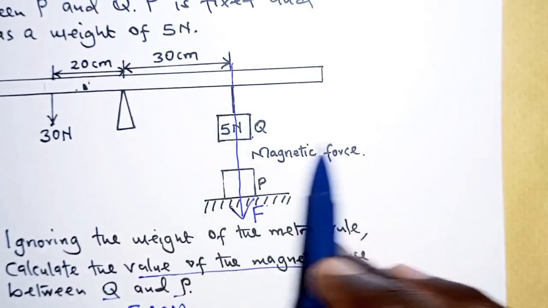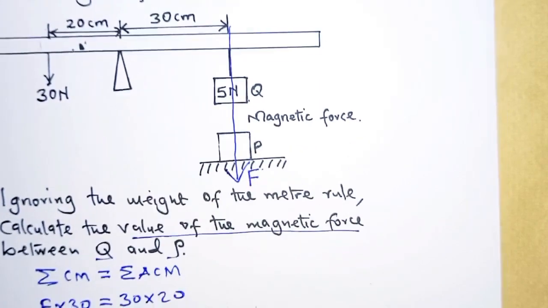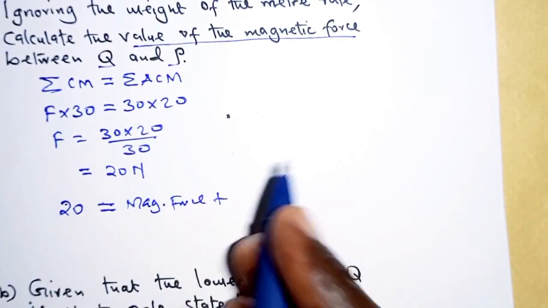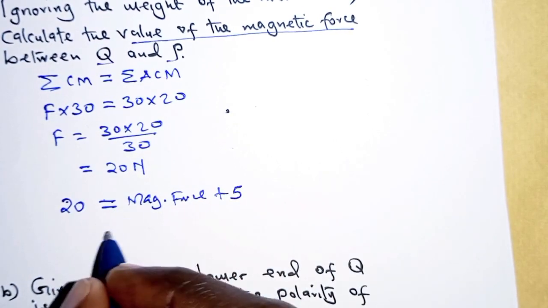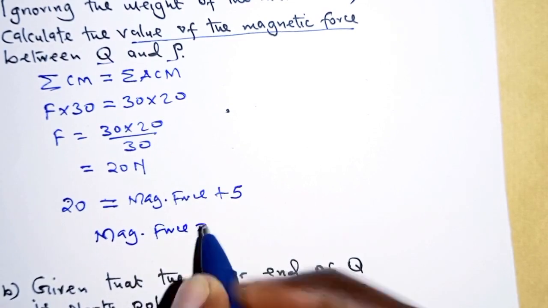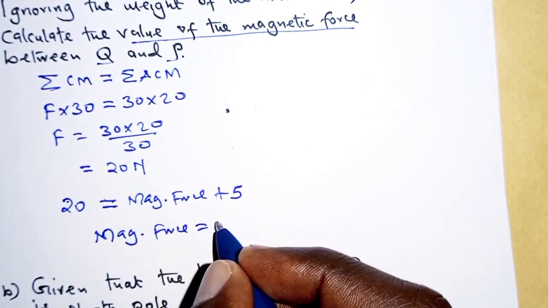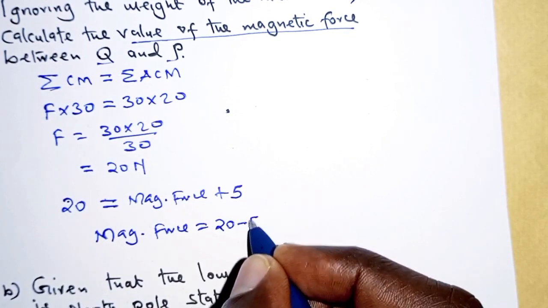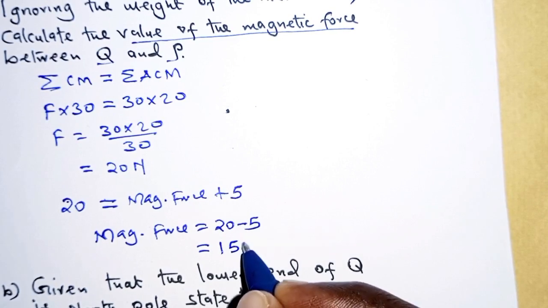The sum of this and this, all these should give us force F. So we have magnetic force plus 5 newtons. So the magnetic force as we are required to obtain becomes, so the 5 newtons crosses to the other side and we subtract. So we have 20 minus 5, and that is 15 newtons.